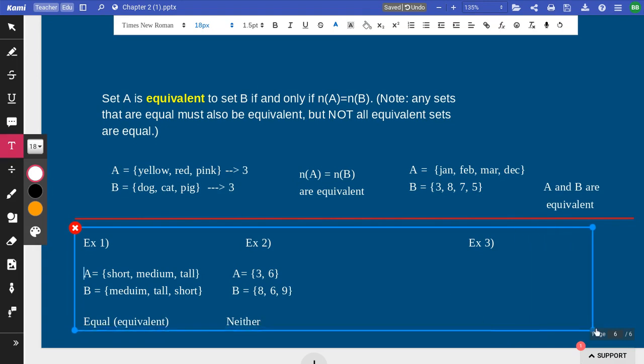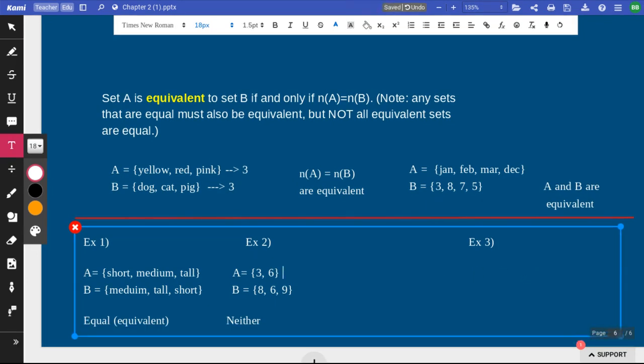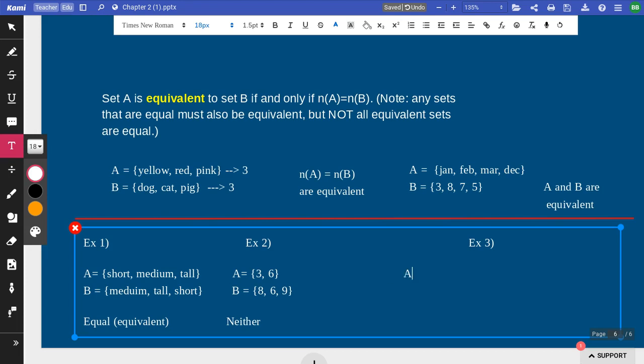Then let's go ahead and do example 3. We have hot, cold, and then we have yellow, orange.